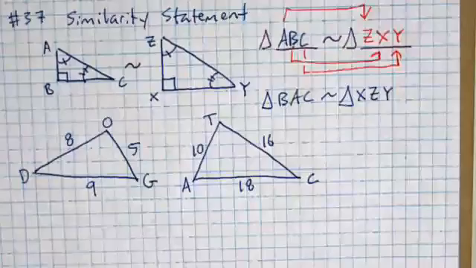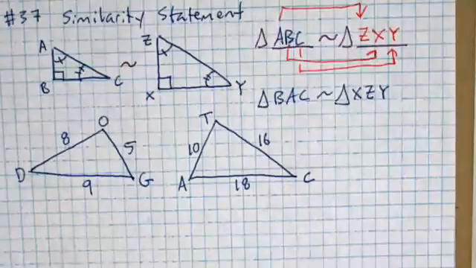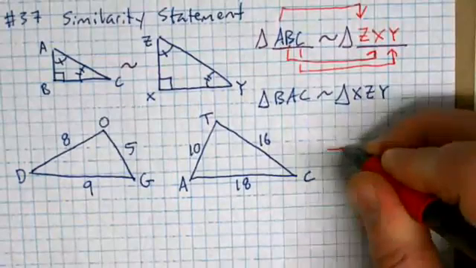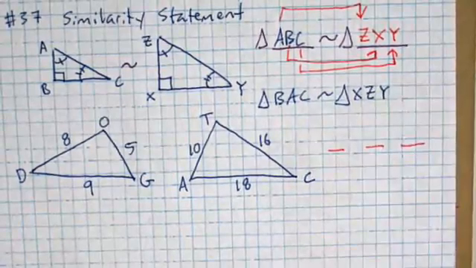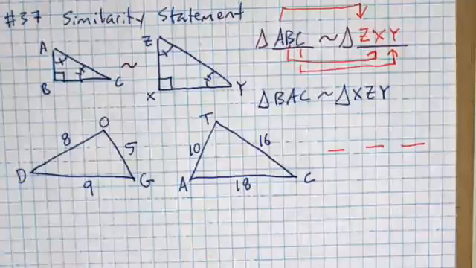Now, they did not tell us that these two triangles were similar, so I want to test to make sure that our proportions all work here. So I'm going to go ahead and write myself 3 fractions and make sure those fractions all end up being the same thing. Now, this is a little tricky here. So be careful.